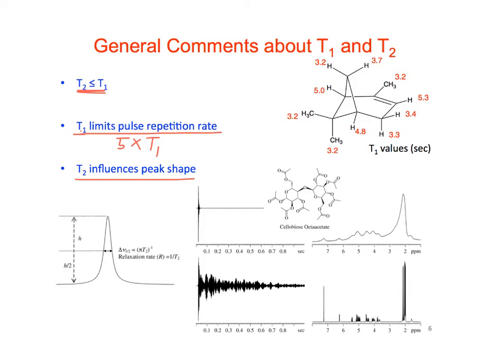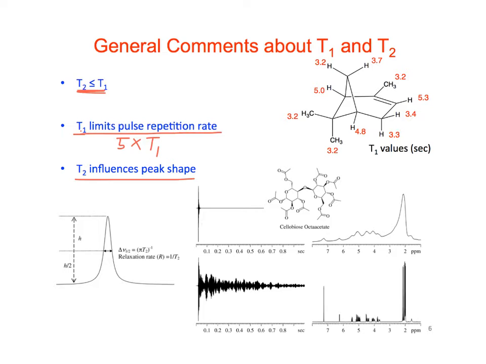T2 influences the peak shape. And the way I think about it is if there was no T2, for a given signal, it would stay perfectly in phase, and we get a very sharp line, right? Because every spin for a given nucleus would have exactly the same frequency.